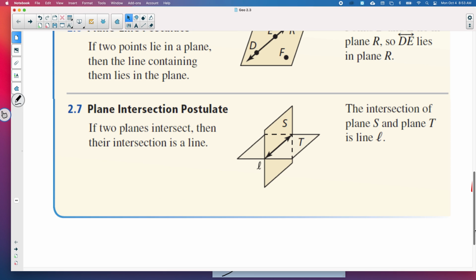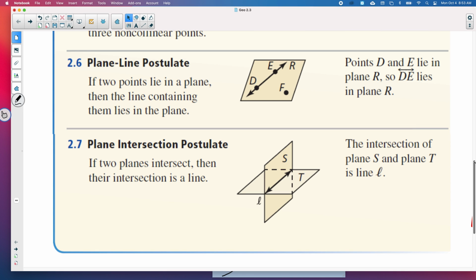The next one is the plane line postulate, and it says if 2 points lie in a plane, then the line containing them lies in the plane. So I could connect those 2 points, and that line would also be in the plane. And the plane intersection postulate says if 2 planes intersect, then their intersection is a line.